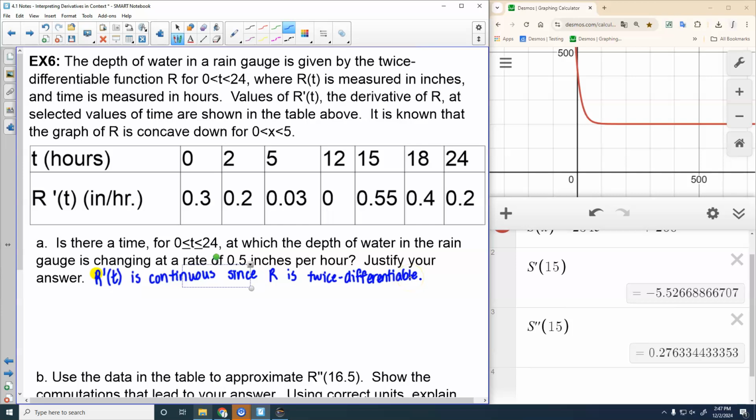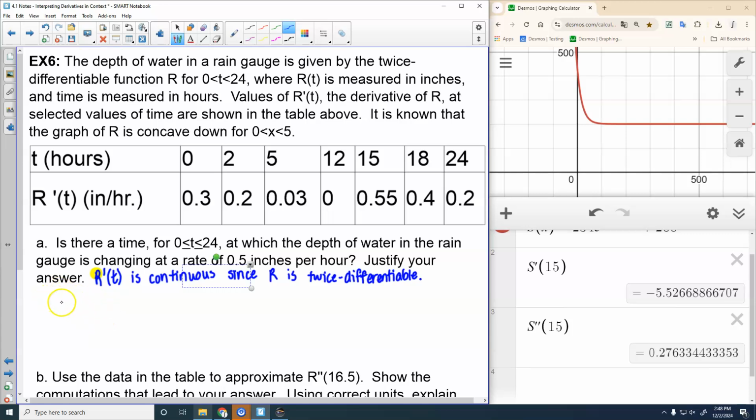Okay. Now, it does not matter which value you pick. Really, you can pick any value besides R prime of 15. You have to use this one because this is the only value where you go above 0.5.